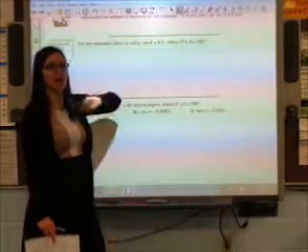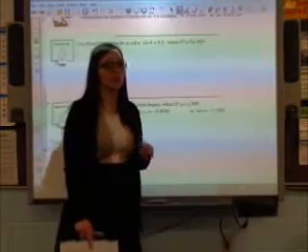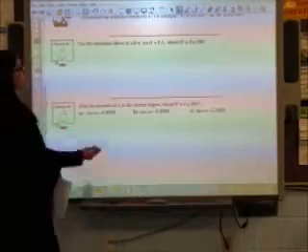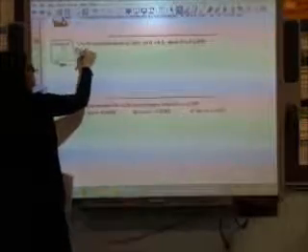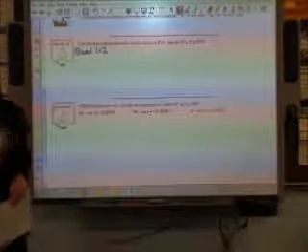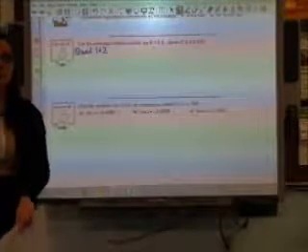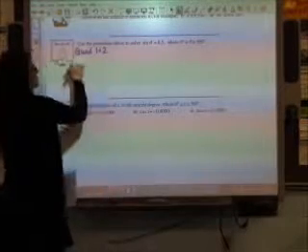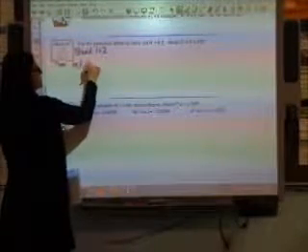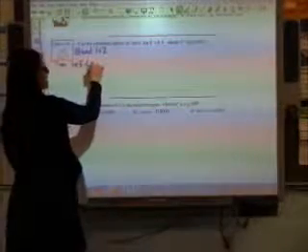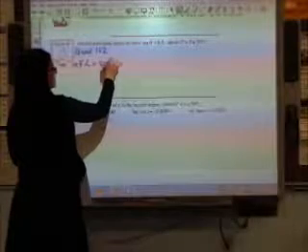So if I go back to my CAST rule, in which quadrants is sine positive? 1 and 2. So I start off with the knowledge that I'm in quadrants 1 and 2. Now I'm going to determine my reference angle. To determine my reference angle, that's where I do the sine inverse.